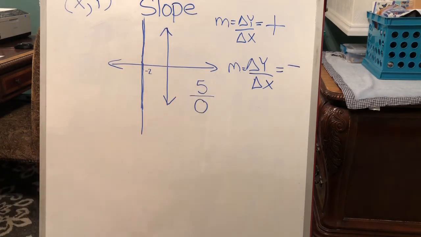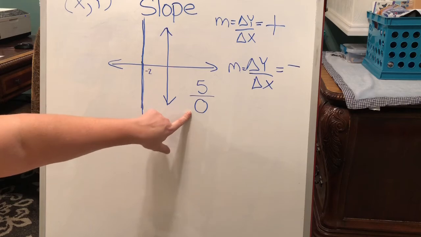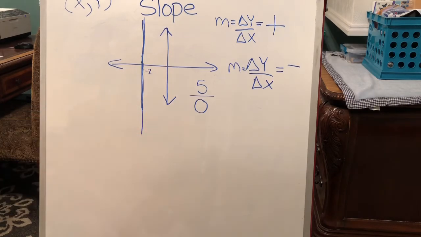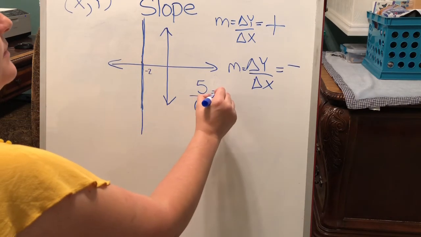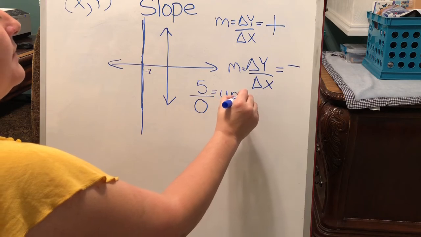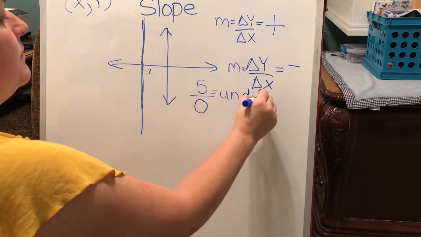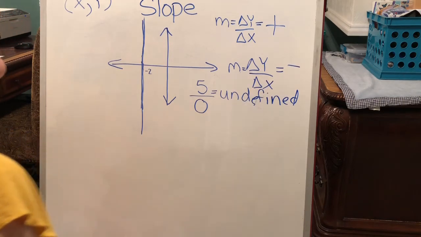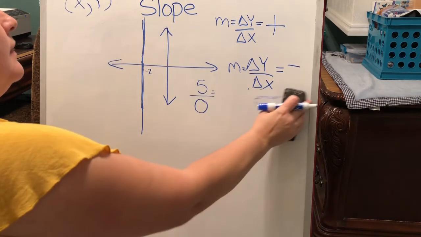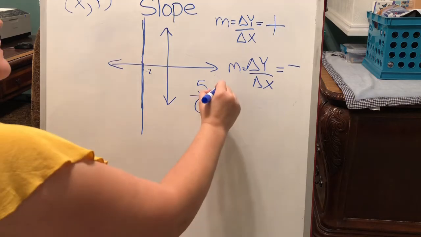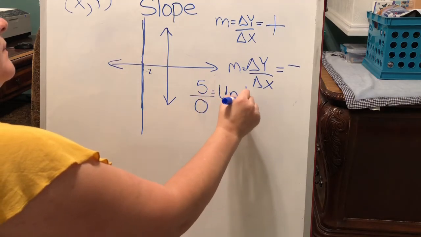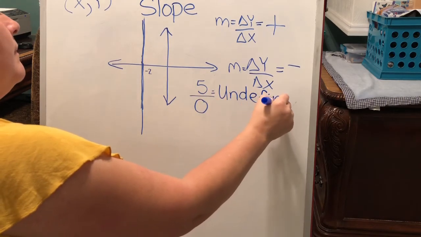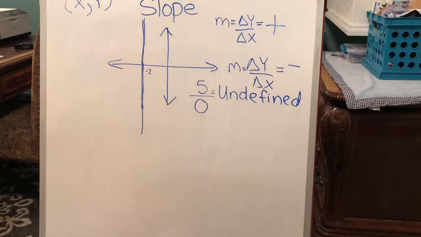Well, in math, we know that you cannot divide by 0. It becomes then undefined. Okay, so here slope does not exist for vertical lines.